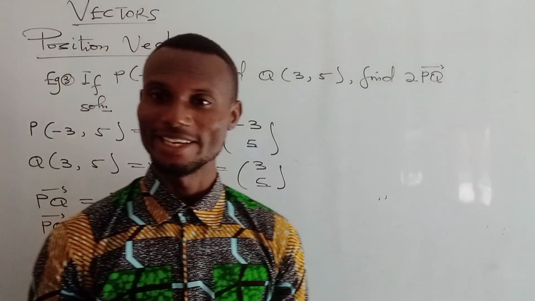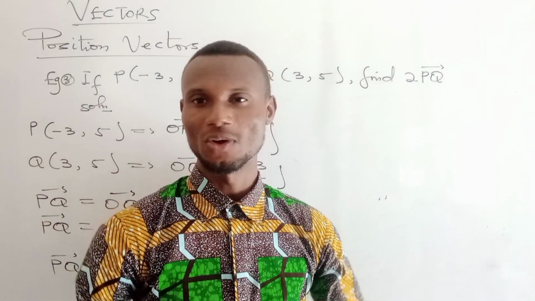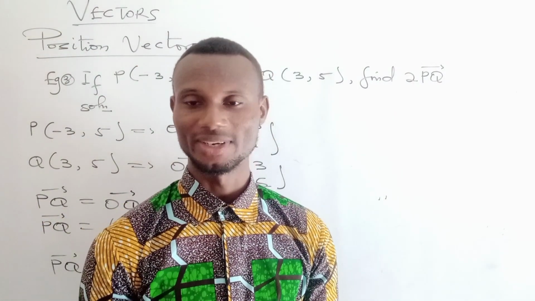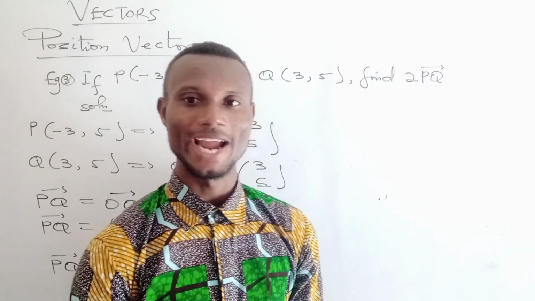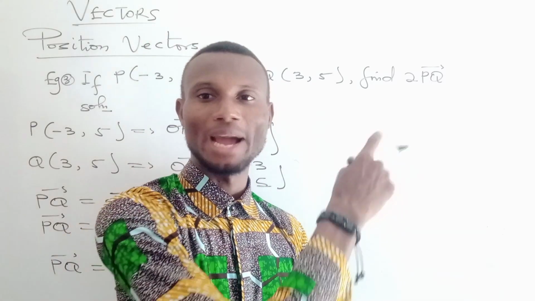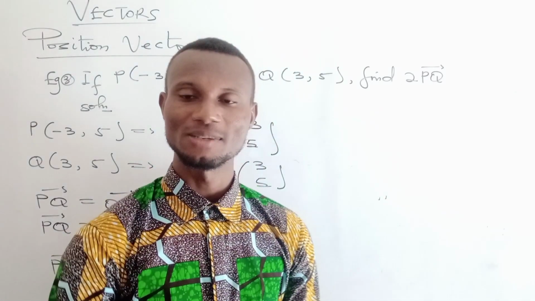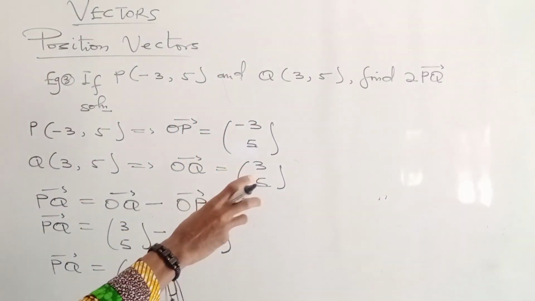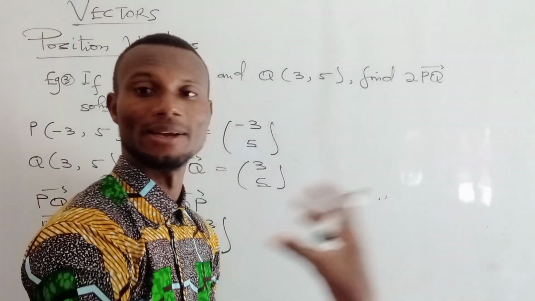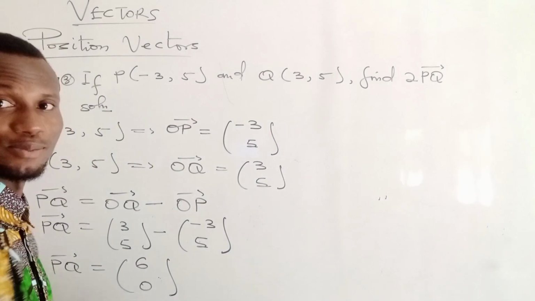But if you leave it like this, of course you are not done, so you will not get your full marks. The question asks us to find 2 times the vector PQ. So now we need to multiply PQ by 2 so that we'll get 2 times the vector PQ. Let me continue from here.